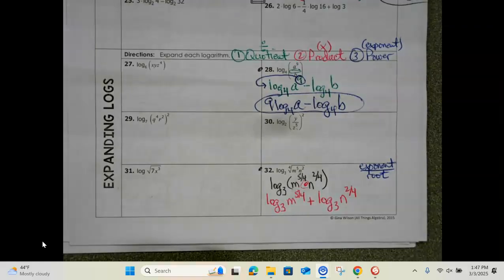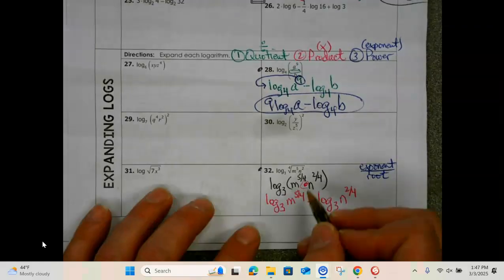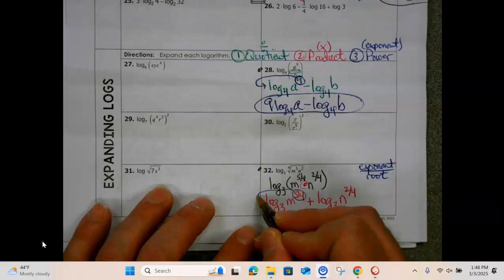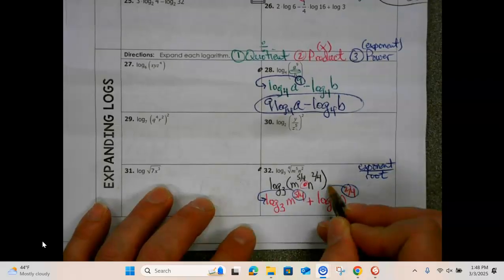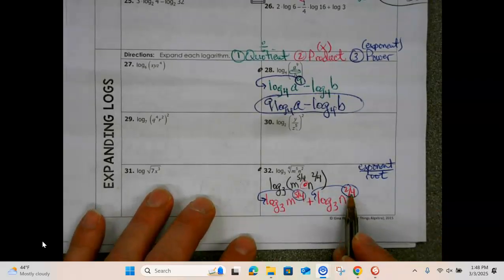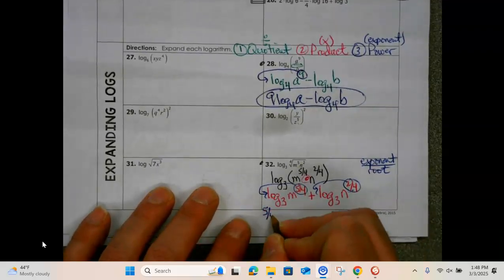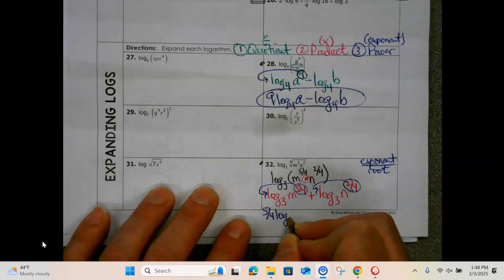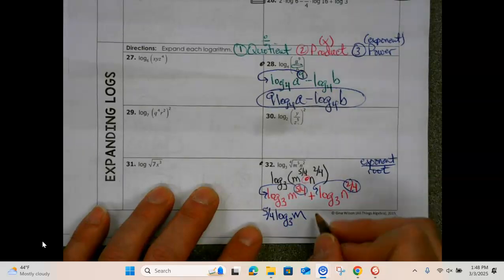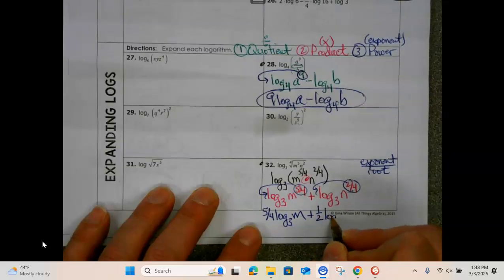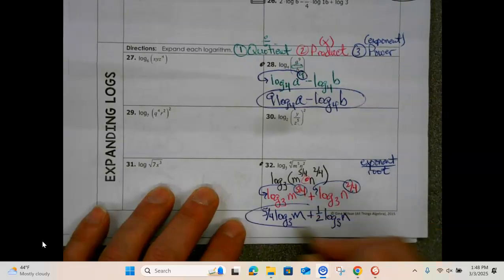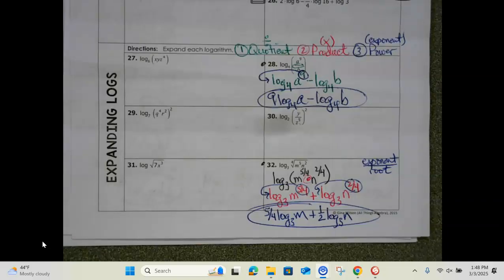And then my last step would be if we have any exponents, and we do on both of our terms. And yes, I should reduce that to 1/2. I just hadn't yet. But I will here. And I get to my solution that way.